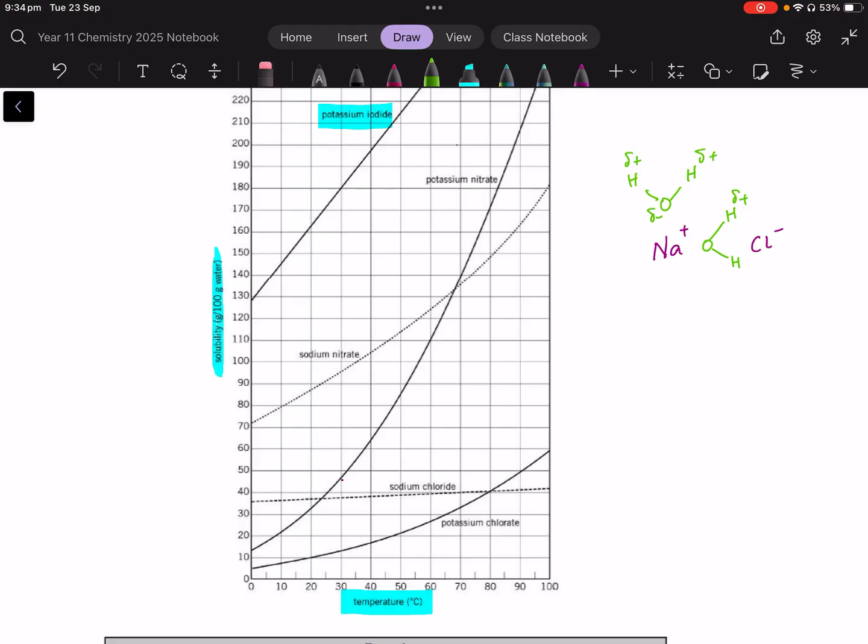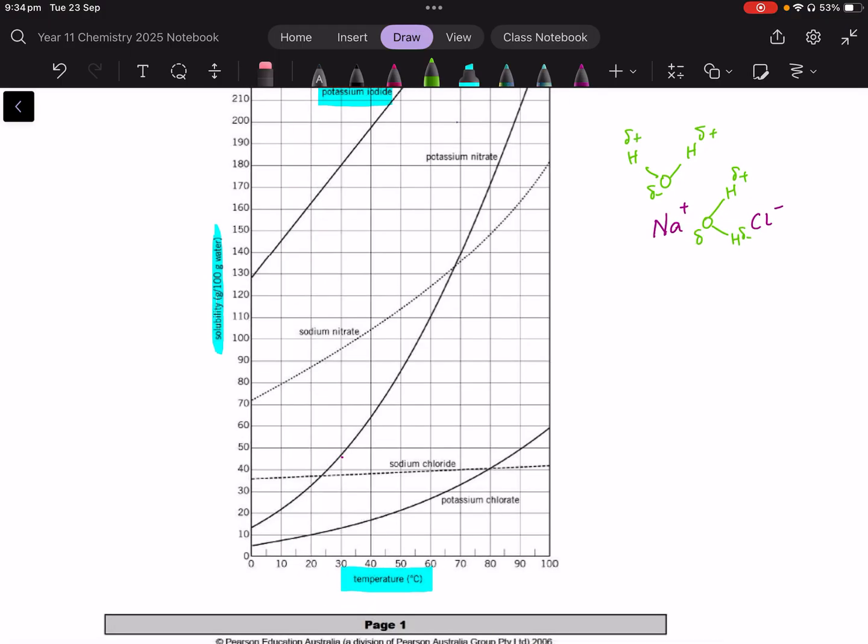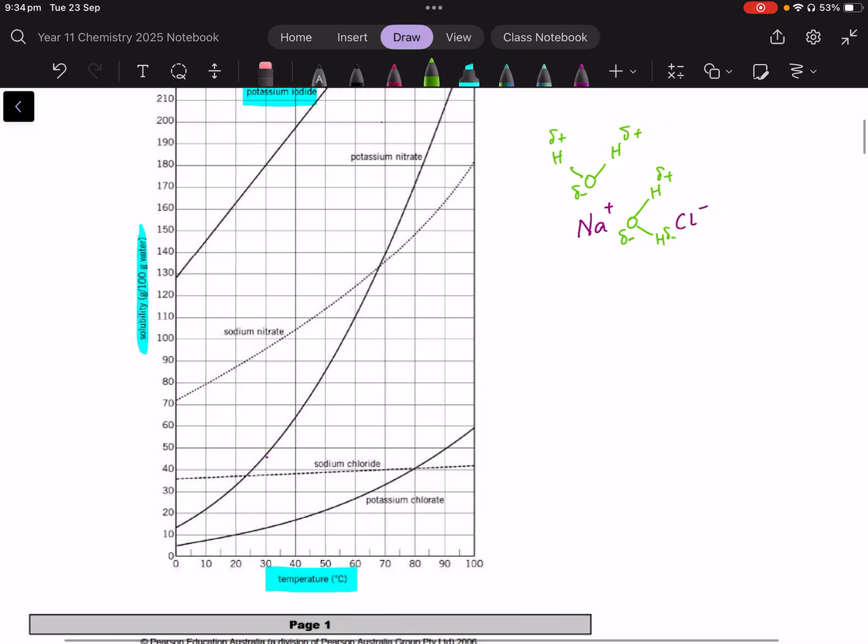So your positive hydrogen ions will surround the negative chloride ion, and your negative oxygen will surround the positive sodium ion, and this happens all around the ions. This ability to actually pull apart these ions and surround it with water molecules is the solubility of the salt.